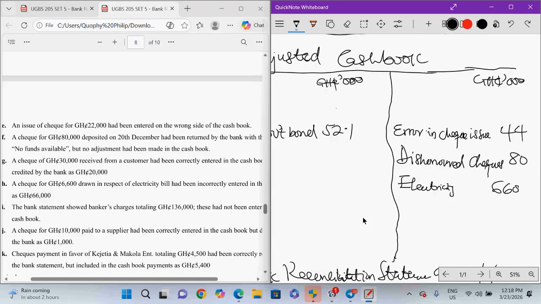But they wrote 66,000. You have doubled the amount. Something that we paid 6,600, we have written 66,000. So what do you do to correct this error? What do you do to cancel the overstatement?